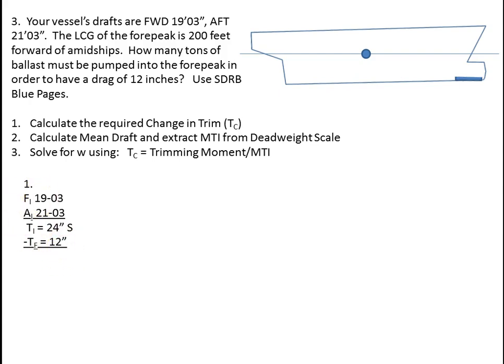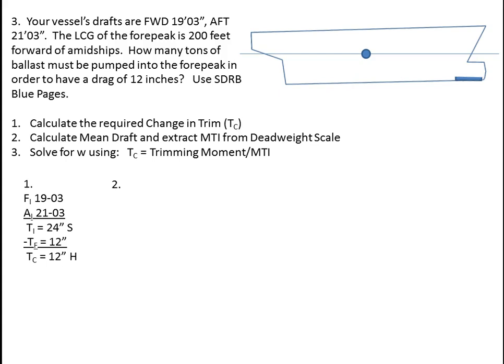So we're starting off with a trim of 24 inches, but at the end we're going to want a trim of 12 inches. So we have to subtract 12 from 24, and that's going to give us a 12-inch change in trim. We're starting at 24. We want to go to 12. We have to remove 12 inches of trim. And we're going to do that by changing our trim towards the head. We'll still have trim to the stern, but we'll change it a little bit to the head by 12 inches.